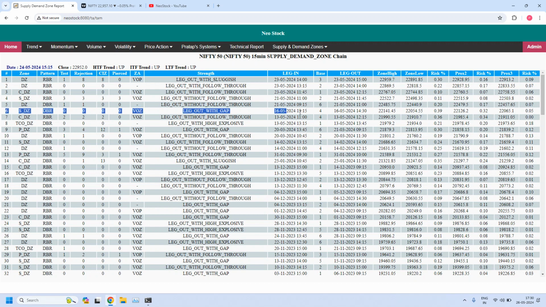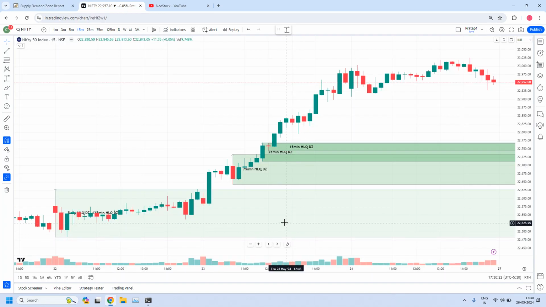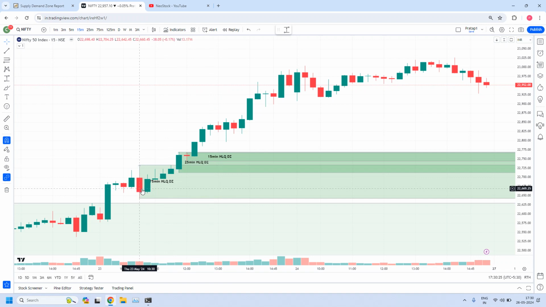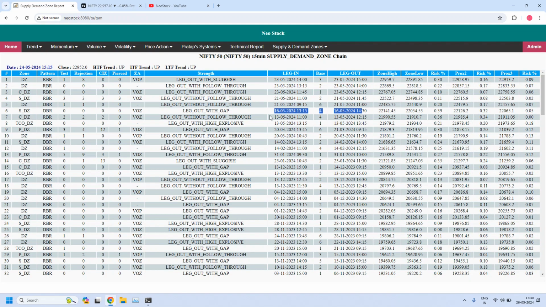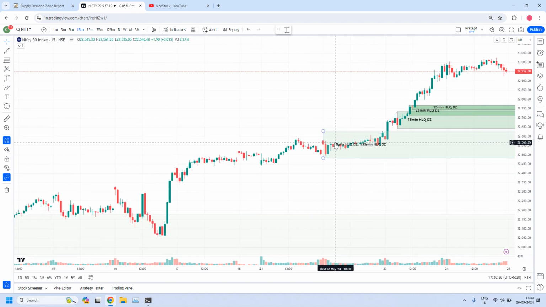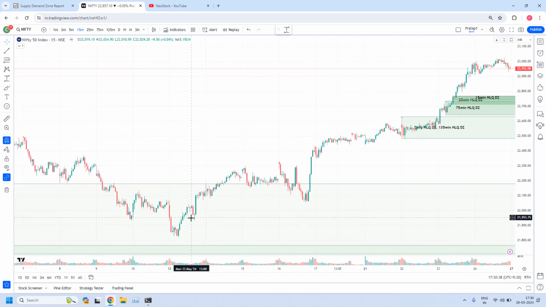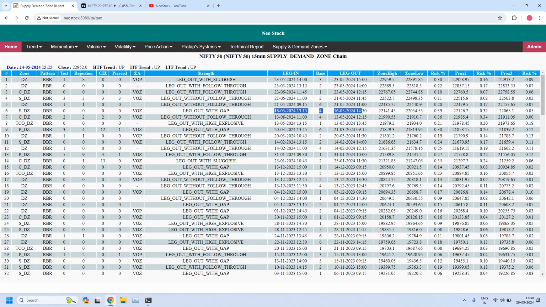Below, we have at 16:5, 13:15, 4 base candles. The next one is 16:5, 13:15. So it's far below.